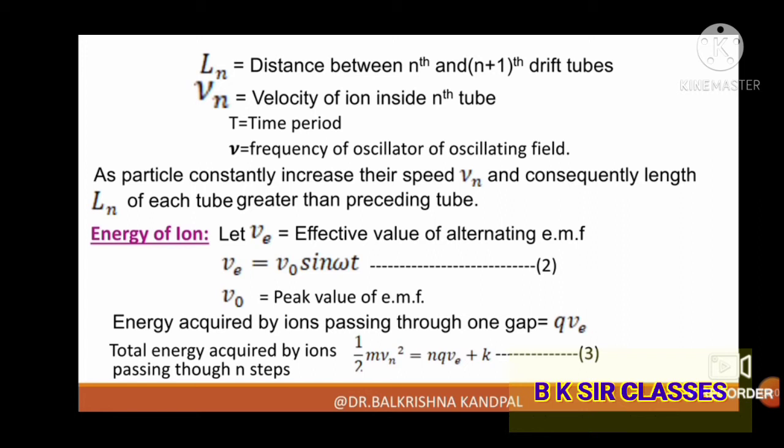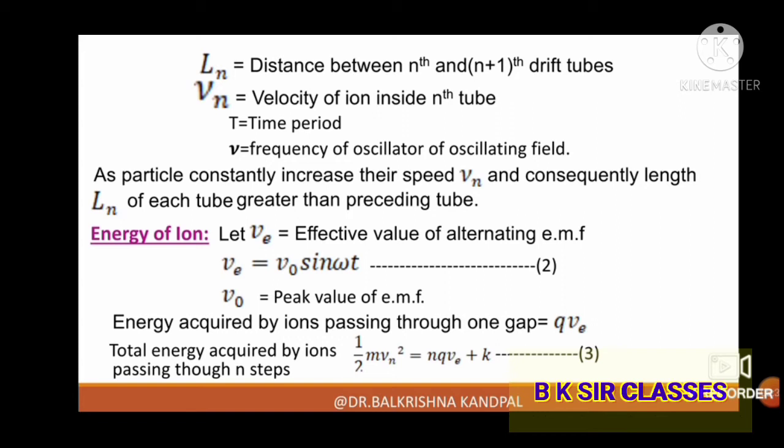Here V0 is the peak value of emf. The energy acquired by the ion passing through one gap may be shown as QVe, where Q is the charge and Ve is the effective value of the alternating EMF.